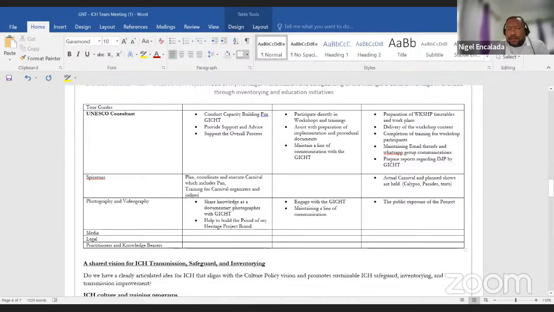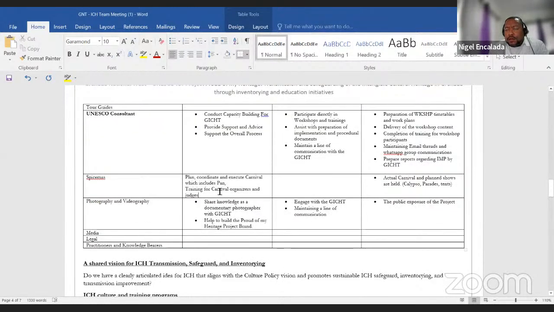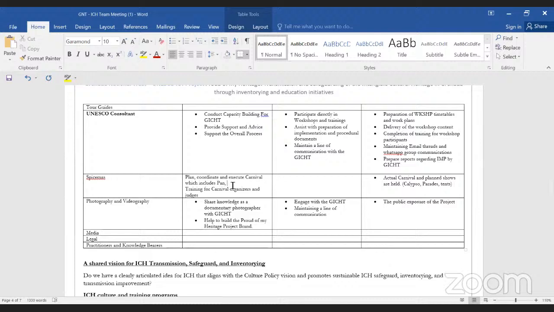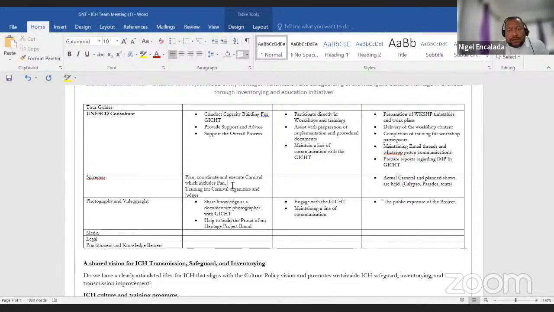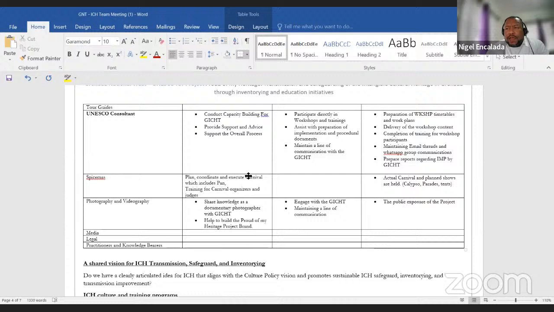All right, would you be able to identify in the first column here, you said Pan, you said some things just now. Pan is an ICH, would you say? Yeah, the making of the steel pan. Okay, just list a couple of the ICH within the ICH.